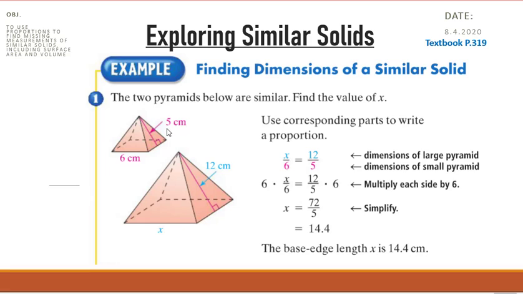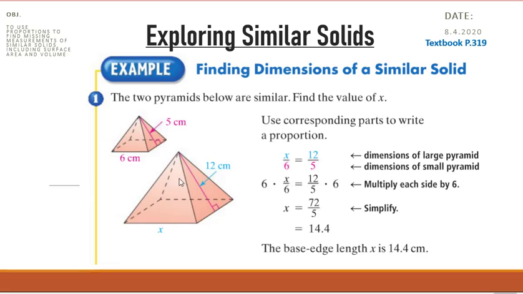In this example, we have two pyramids that are similar and we need to find the value of x. We have this dimension, the height of one of the lateral faces, and here the corresponding dimension, and this 6 centimeters corresponds to x.